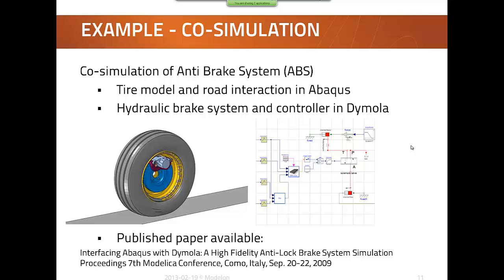So this is where we deployed the hydraulics code and co-simulated it with Abaqus. So in Dymola, we built a controller for an ABS system and the hydraulic actuating system for the clamper. And the tire model and the road interaction was modeled in Abaqus. And there is a published paper available for this.